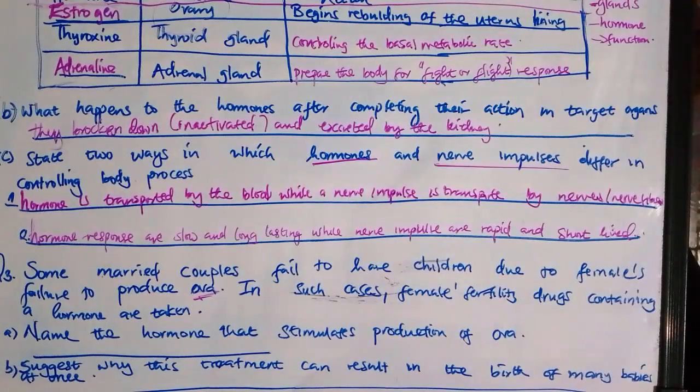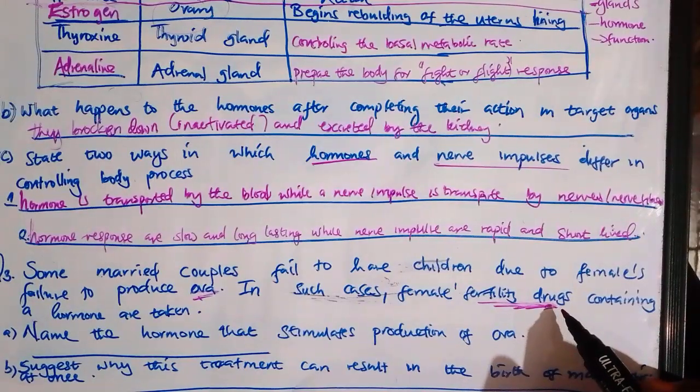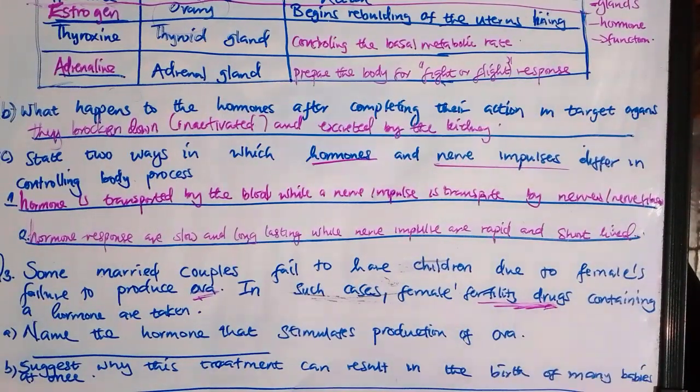So whenever females are failing to produce ova, which are eggs in other words, they are given drugs which contain hormones. So we say that there are some hormones which affect the ovaries. In our case, they are asking us, name the hormone that stimulates the production of ova. So what is the hormone which stimulates the production of ova?